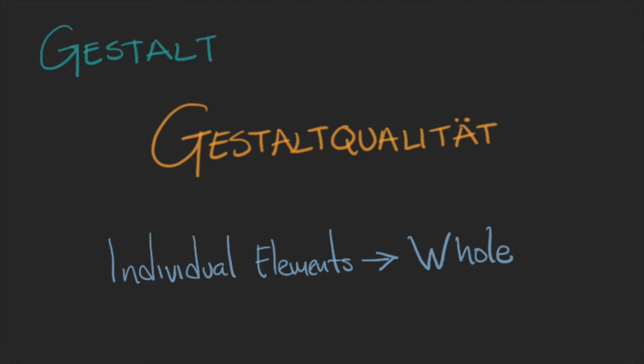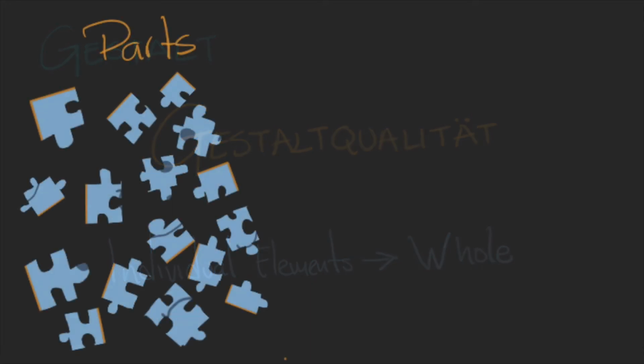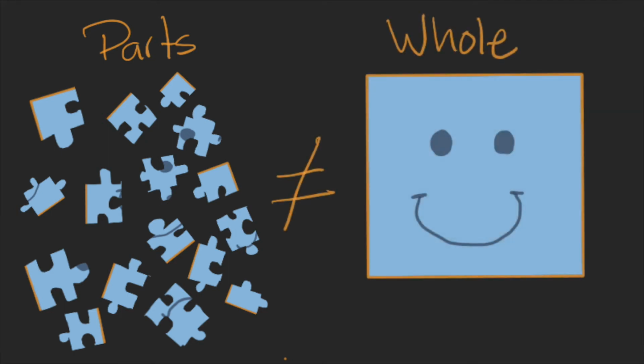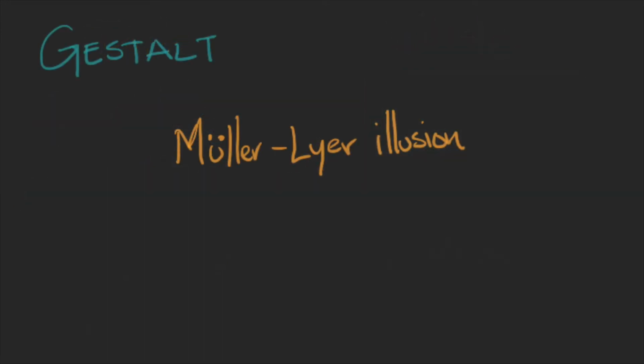Following this idea, the Gestalt theory emphasizes that the whole of anything is greater than its parts. Or in other words, the attributes of the whole are not deducible from the analysis of its parts in isolation. One well-known example of this phenomenon is the Müller-Lyer illusion.